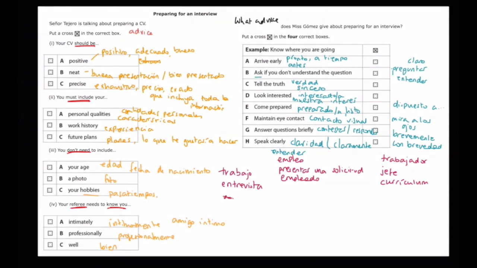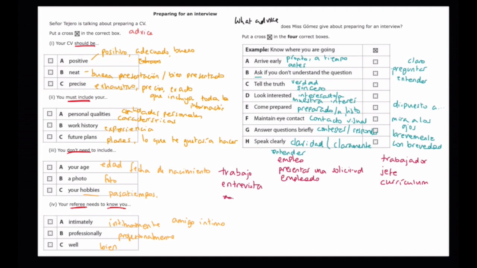Question 4, Part 1 to Part 4. El señor Tejero te dará unos consejos sobre cómo preparar tu currículum ideal. Para empezar, lo más imprescindible es lo siguiente. Tienes que dar una buena impresión. No te olvides de incluir información sobre tu experiencia laboral previa.